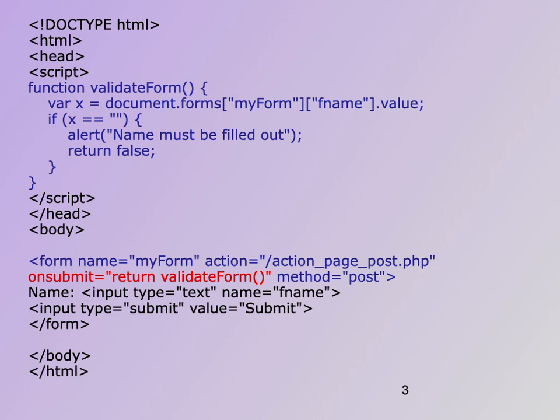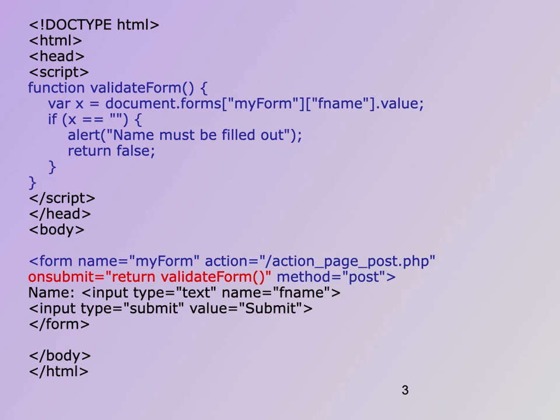This value property will collect the value from the text field with the name fname from myForm and that is stored in x. Again, if x is equal to empty string, an alert message will be shown. If nothing is entered in that particular text field, then the alert message will display "Name must be filled out" and returns false. Otherwise, it returns true.